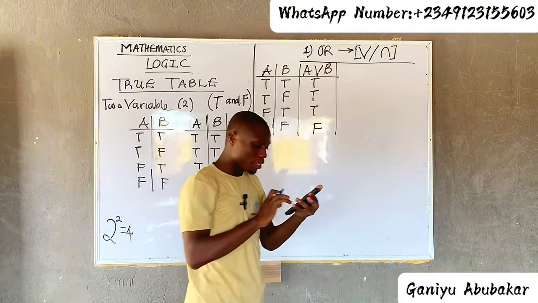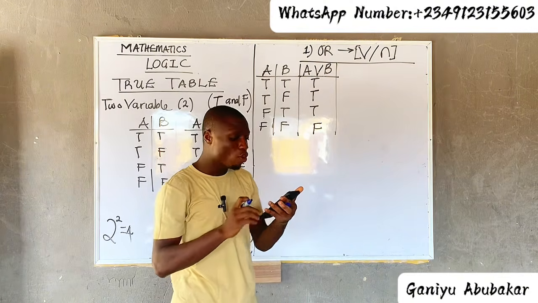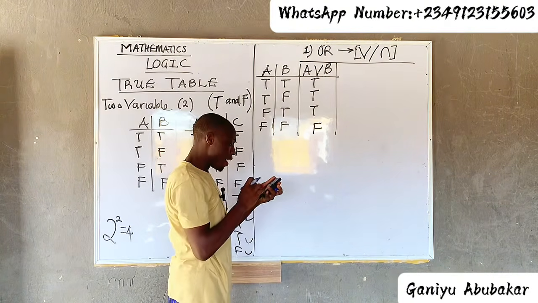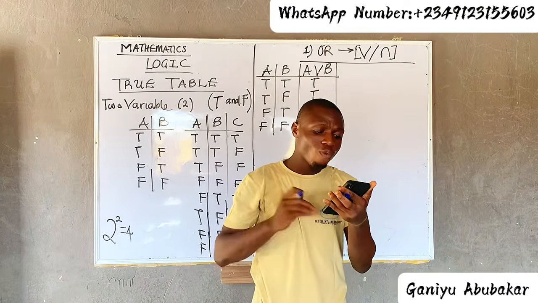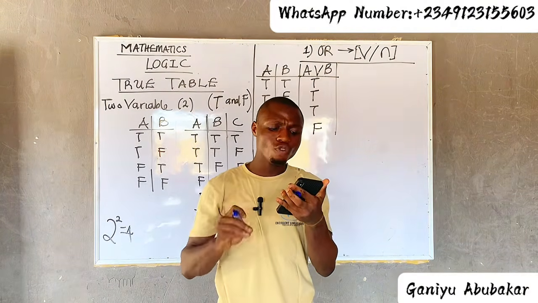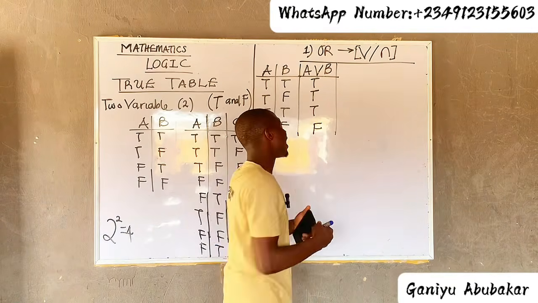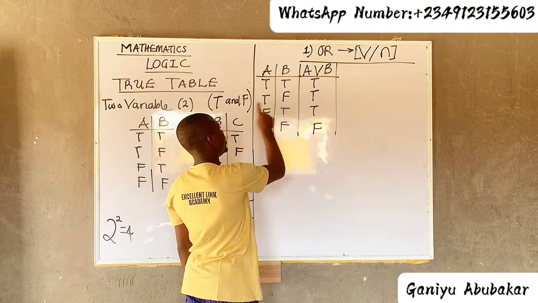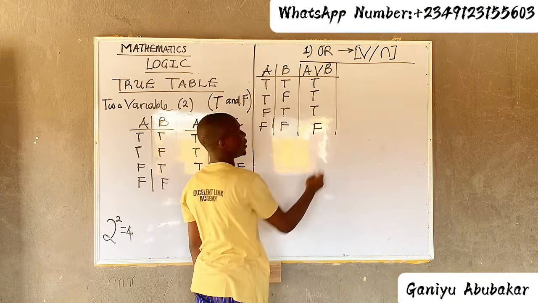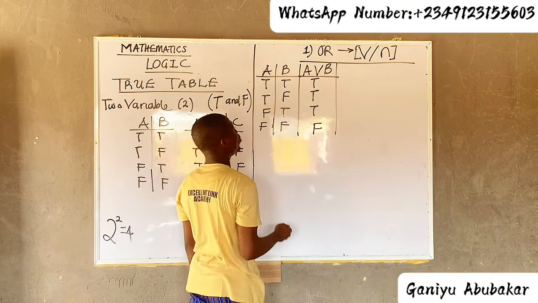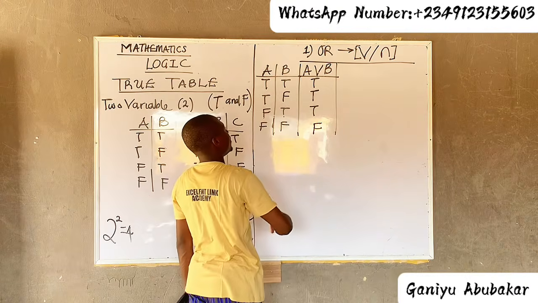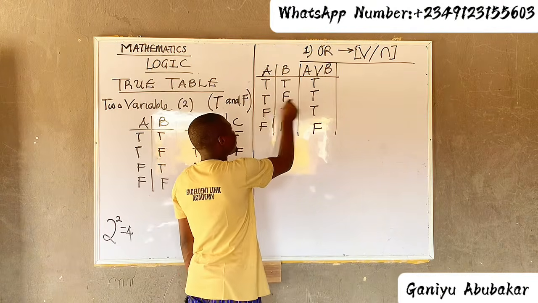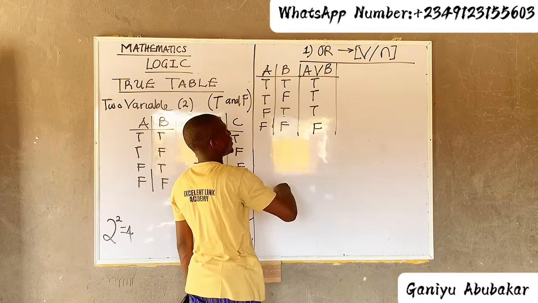So when it comes to or, the idea is that your end product will be true when at least one of the values is true. So if I have at least T in just a column, I'll have T as my end product. Looking at TT, of course, T exists, I'll have T. TF, T existed, I'll have T as my answer.